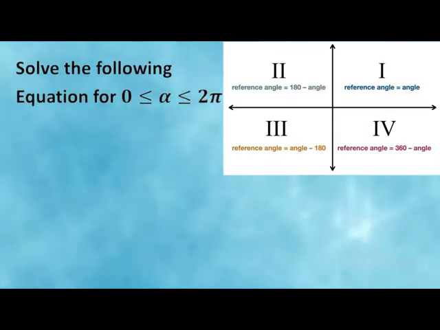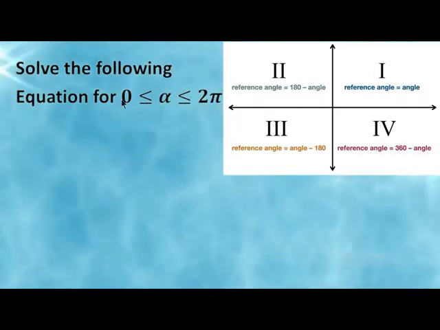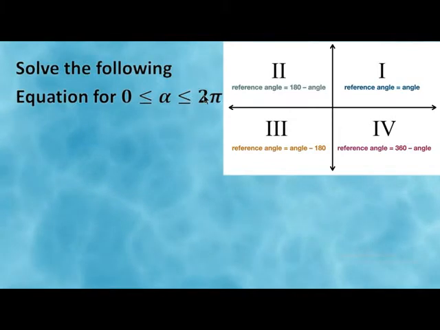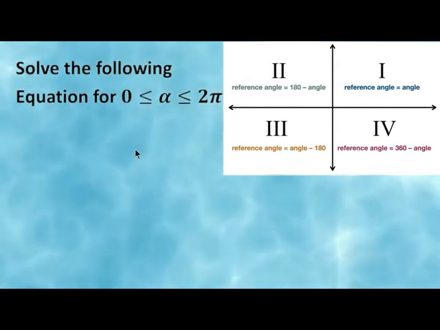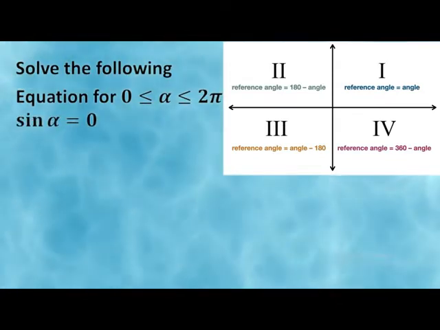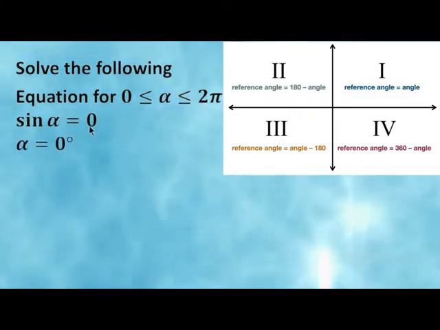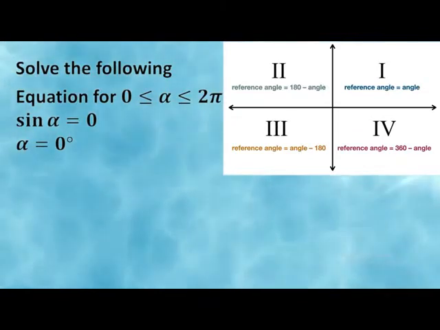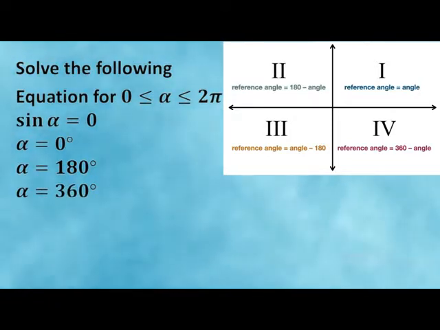Let's say, solve the following equation for alpha more than or equal to 0 and less than or equal to 2 pi. We know that pi equal to 180 degree. So 2 pi equal to 360 degree. So we're going to find the value of alpha if sine of alpha equal to 0. So alpha is actually equal to 0 because sine 0 equal to 0, alpha equal to 180, and alpha equal to 360 degree.